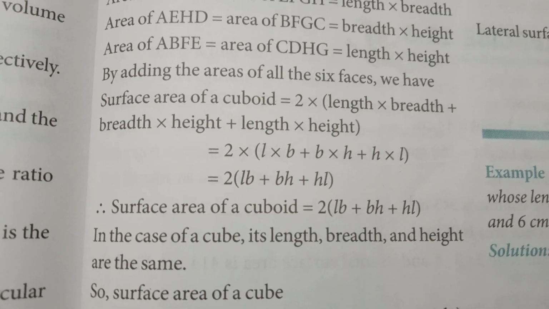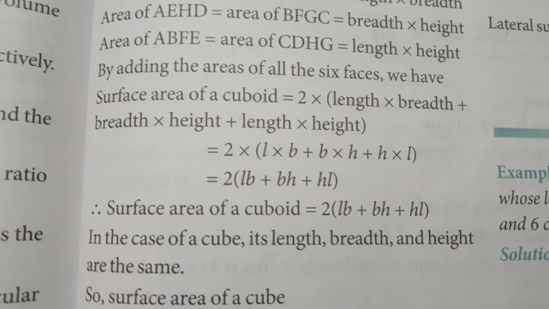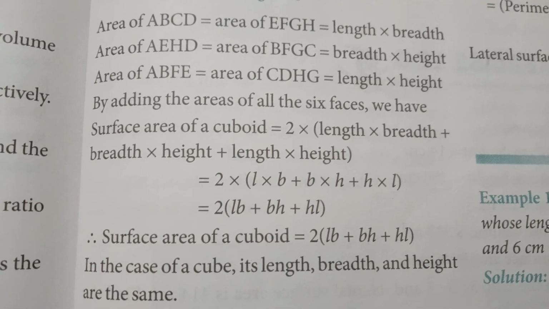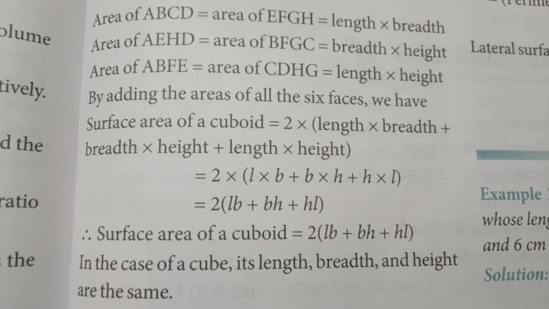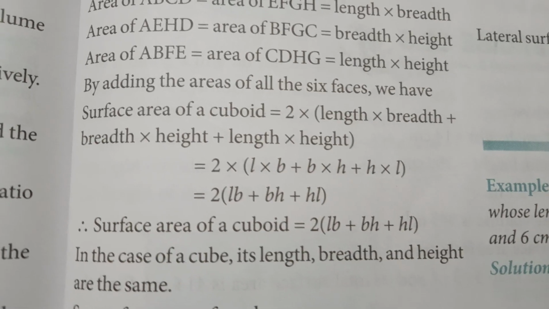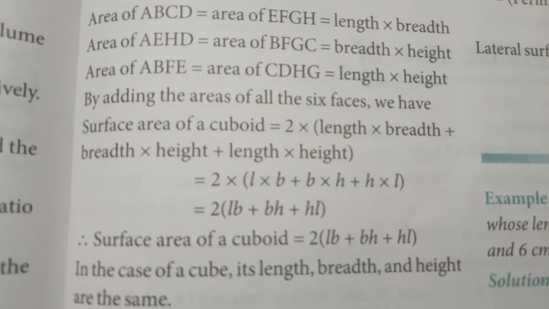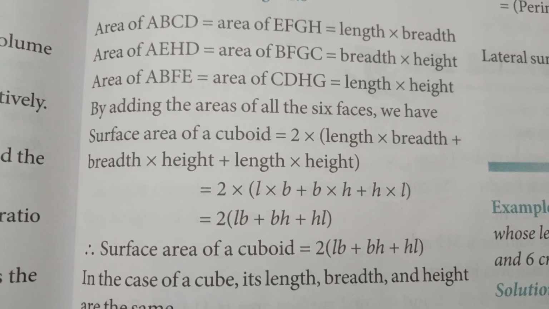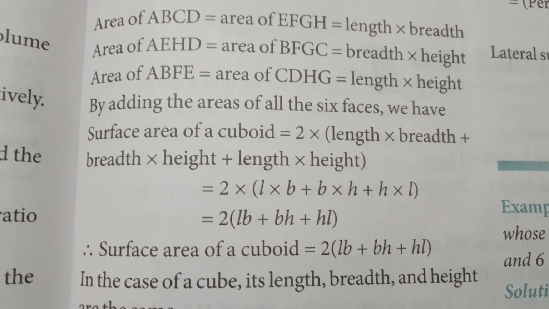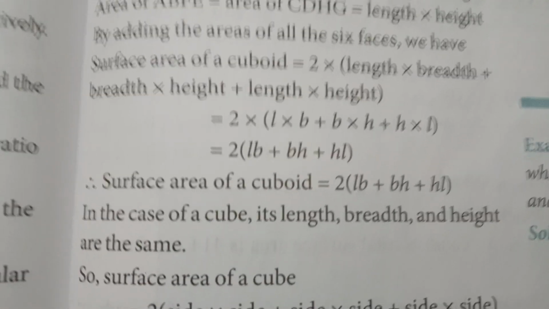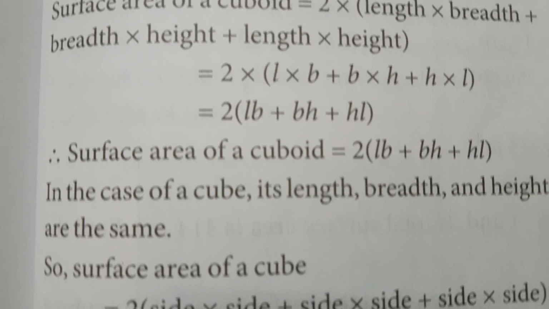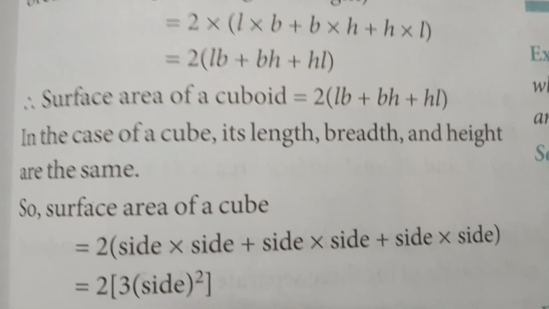By adding all the six faces, we get the surface area of the cuboid, because each one appears two times. So 2 into length into breadth plus breadth into height plus length into height, with 2 taken out common: 2 times of L into B plus B into H plus H into L. In short we write 2(LB plus BH plus LH), which is the surface area of the cuboid.